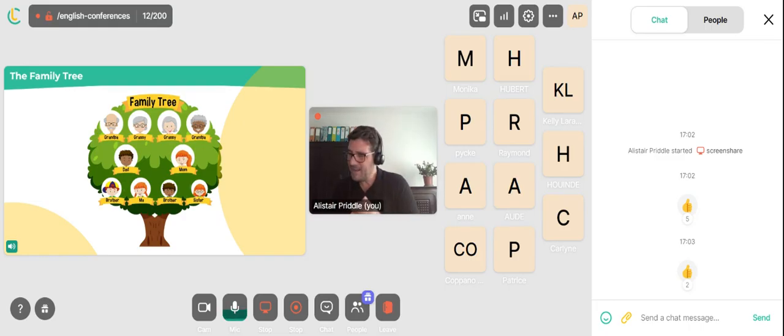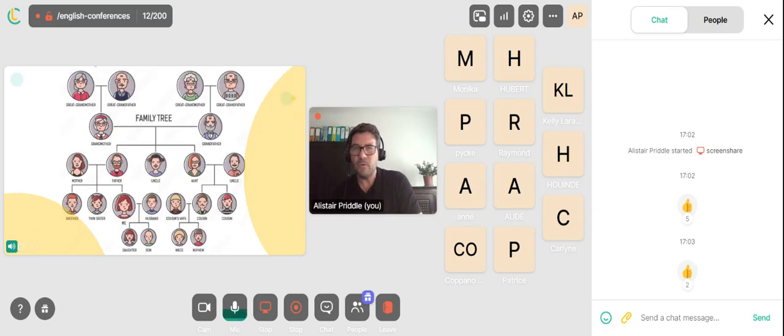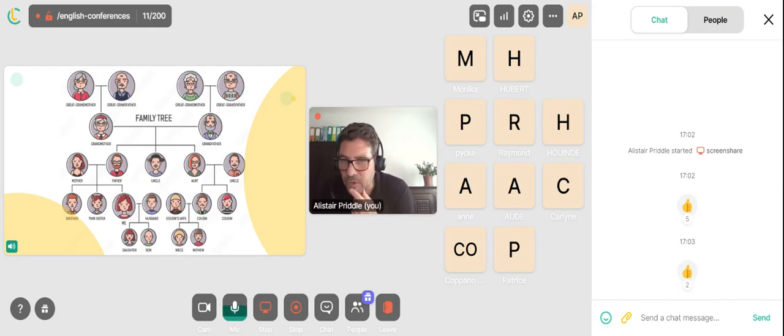Now let's have a look at one for extended family with a little bit more vocabulary. There we have an extended family tree. First of all, let's find me. Where am I? I'm not right at the bottom. I'm there. Again, I have red hair.